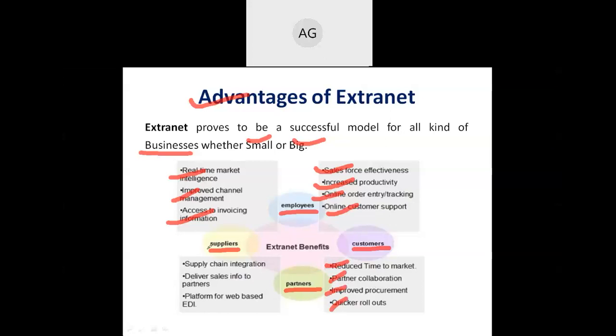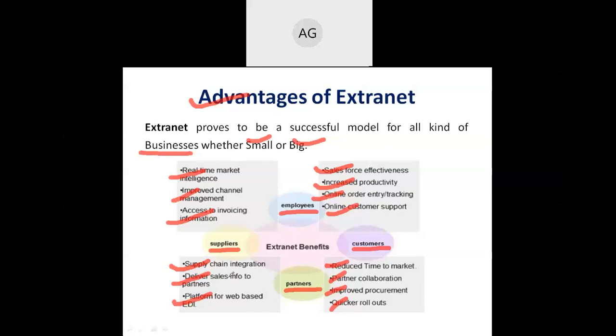The other benefits which are taken by the suppliers are supply chain integration, delivering sales information to partners, and a platform for web-based EDI. So these are the benefits which are being used by the suppliers in context to the partners.